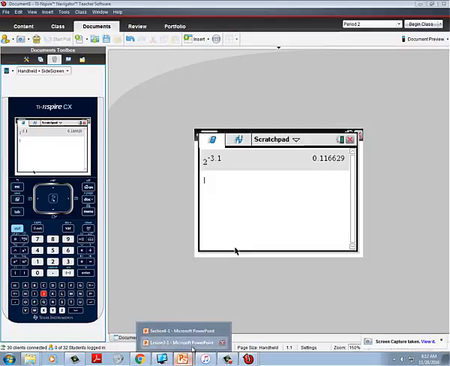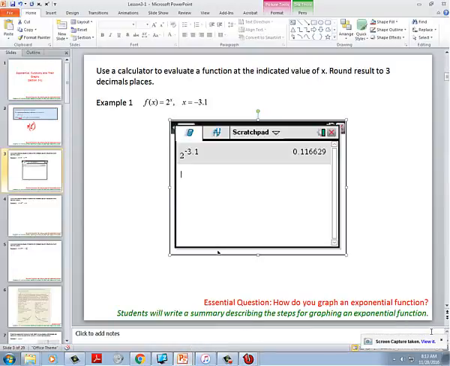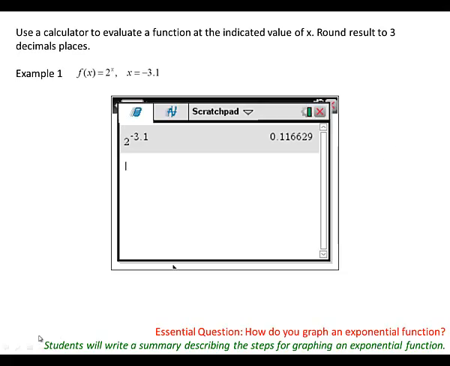Does that sound about right? All right, so I would probably write that it was 117. Probably when you write your work out on this one, I would just write 2 to the -3.1 equals 0.117. Okay?